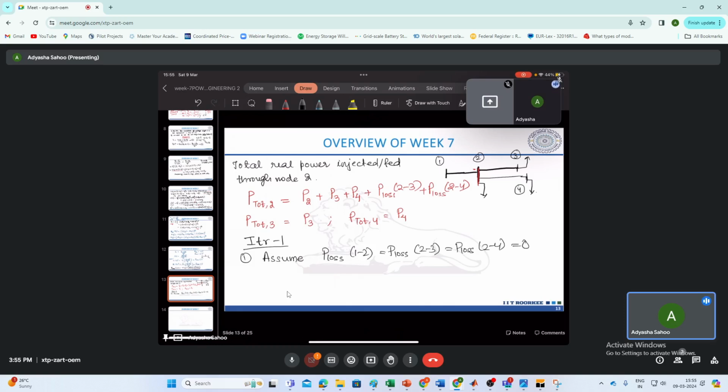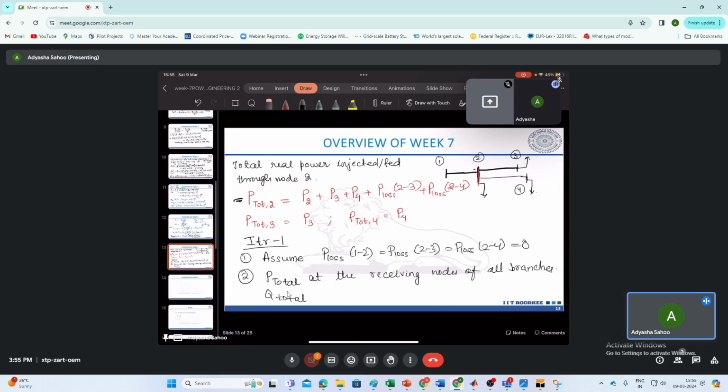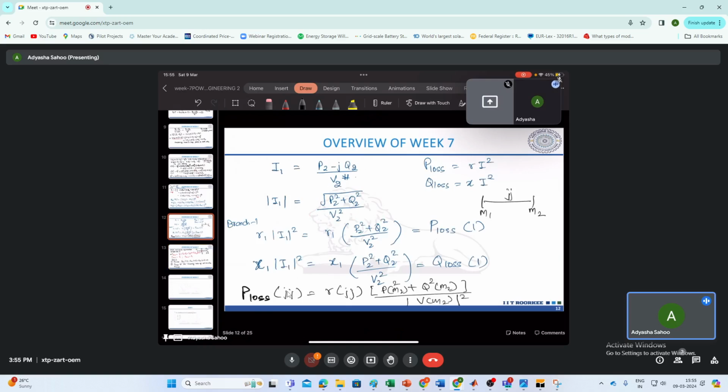So taking these losses as 0, we compute the P total and Q total at the receiving nodes of all branches, using this formula. Now once you calculate this P total, then I can calculate this A and D here.